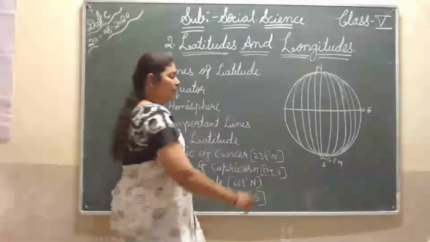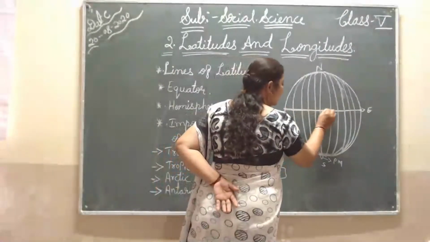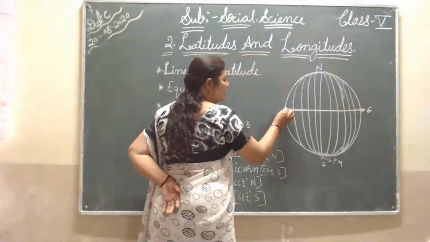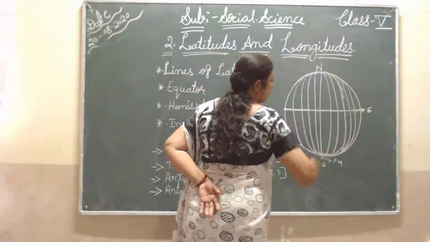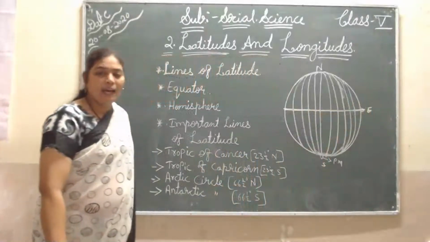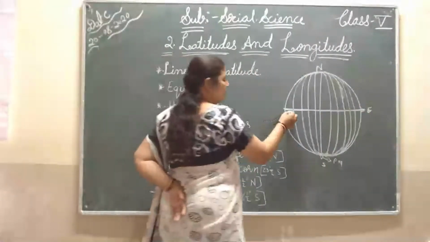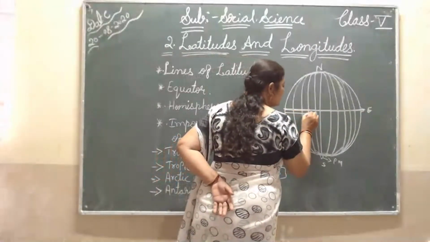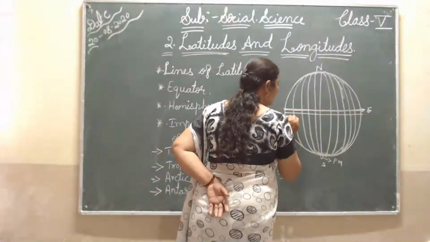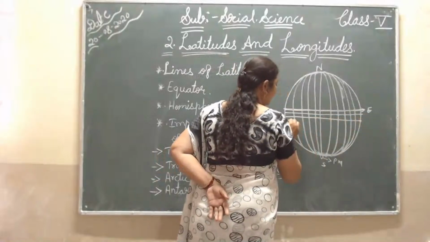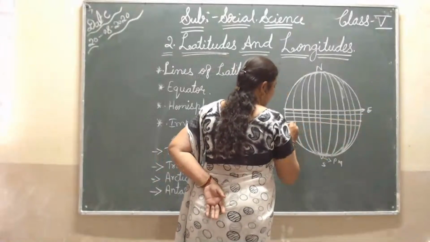Then again, the middle line is called the equator line. This is also a parallel line, and it moves from east to west. These lines all go straight and do not touch each other.